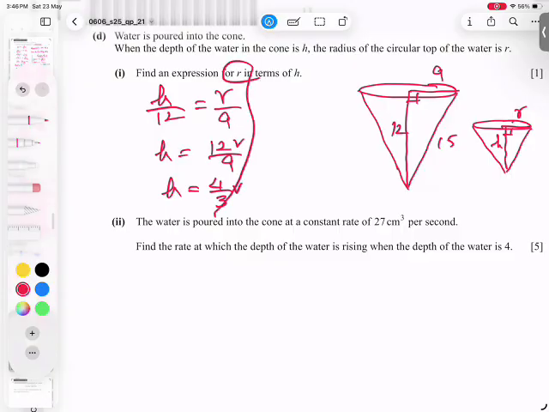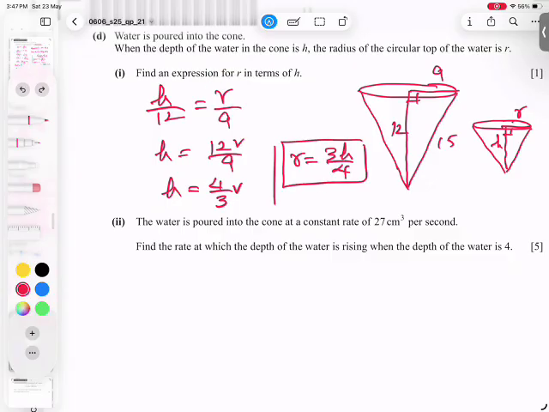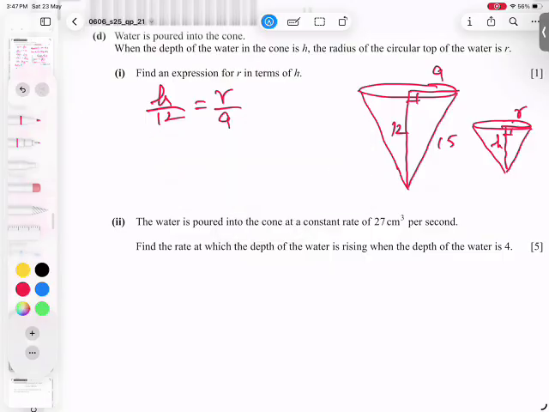But he said r is the subject, so we have to multiply by 3h over 4. We can start from r also, no problem at all. If I make r the subject, we can go another way: 9 goes there. So 9h over 12 is equal to r. So 3h over 4.